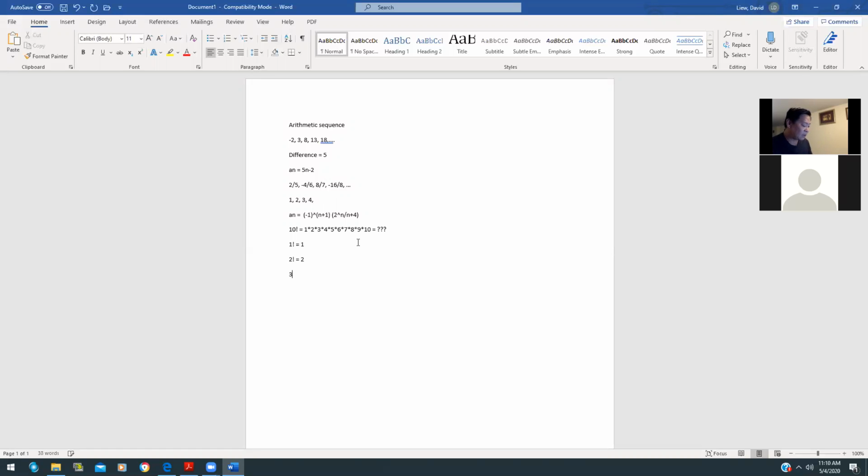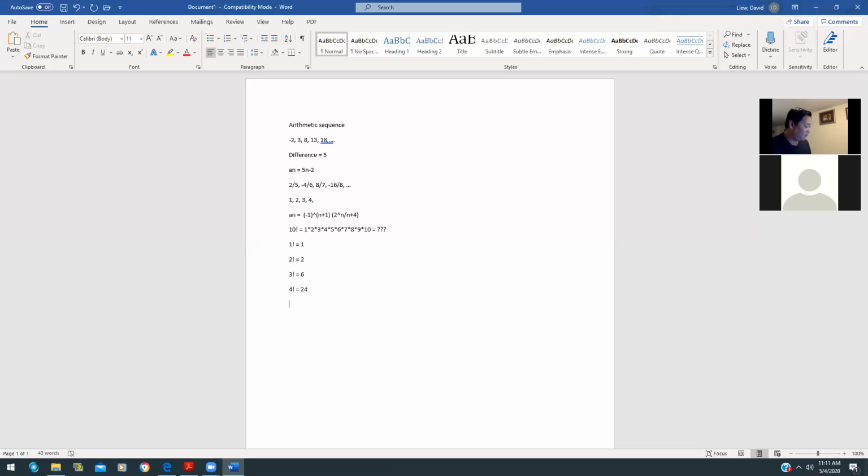And then 3 factorial is 1 times 2 times 3, which is 6. Another way for us to figure it out is you take your previous answer, 6, and multiply by 4, which is 24.